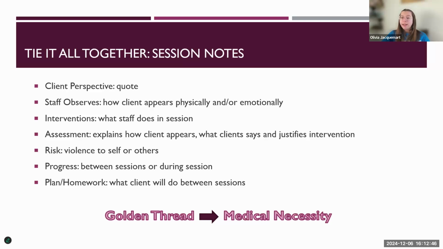The assessment explains how the client appears, what client says, and justifies the intervention. We have the risk, if there's any violence to self or others, any progress between the session or happening during the session, as well as that planned homework, what the client will do between sessions. And remember that the better the homework, the more likely there will be progress in treatment.